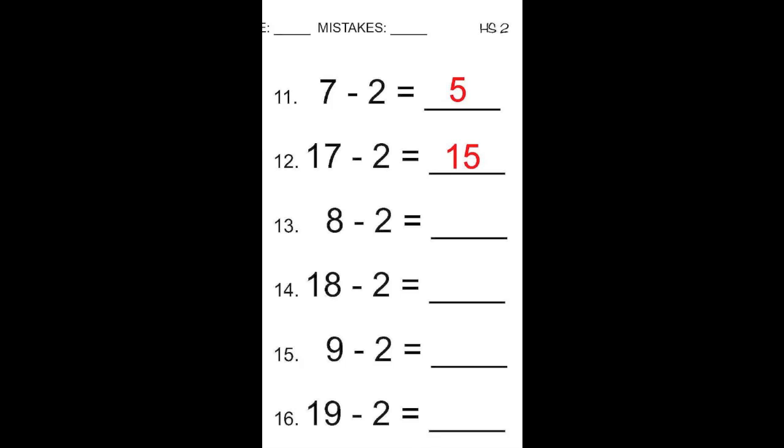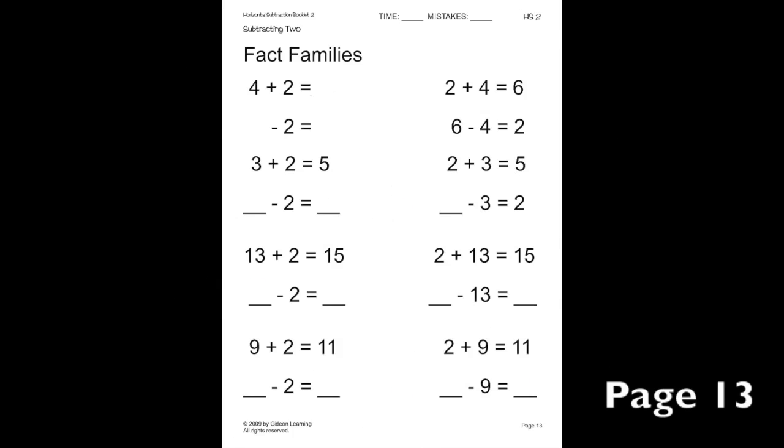So beneath that, we have 8 minus 2, which equals 6. Below that is 18 minus 2, 10 more than 8 minus 2, which equals 16. And now let's go on to 9 minus 2, which equals 7, and then 19 minus 2, which equals 17, 10 more than 7.